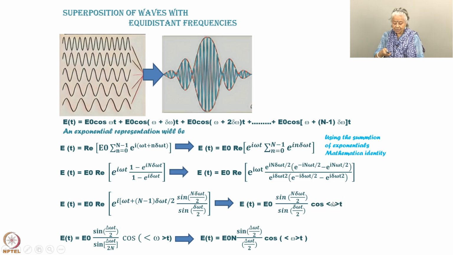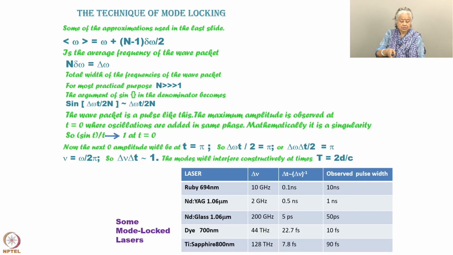Let me just jump to the next slide where I have just written down what these are. These are some approximations used in the last part of the formula there. So, omega bar is omega plus (N minus 1), that means the total number of modes, into delta omega, which is the frequency separation, divided by 2.